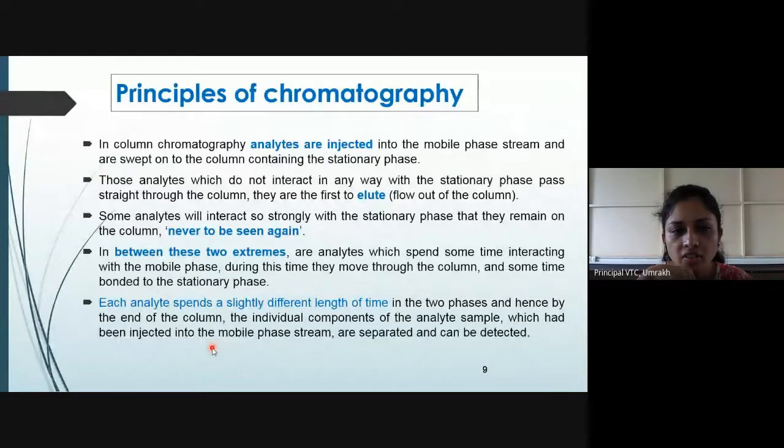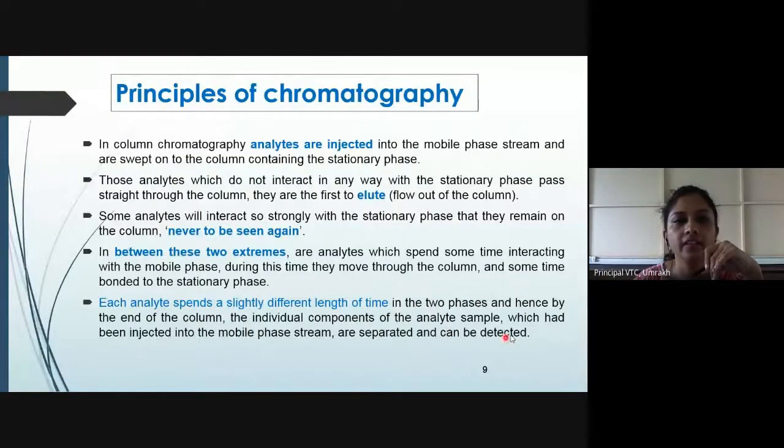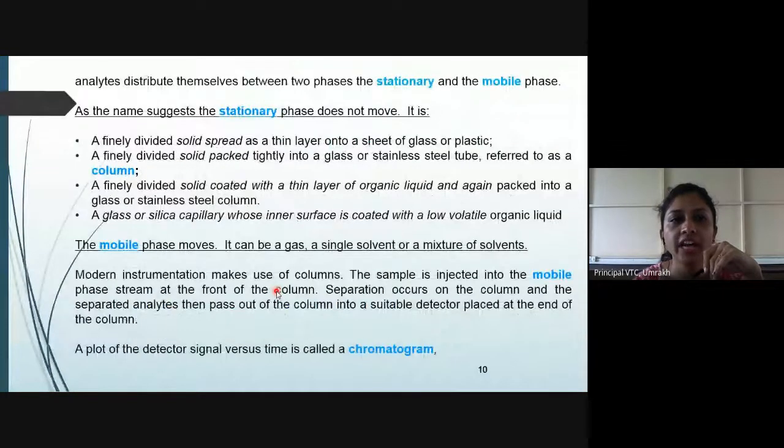Those analytes showing partial interaction with both phases can be separated, because they spend different lengths of time in the two phases. At the end of the column we can elute those components, separate them and detect them.